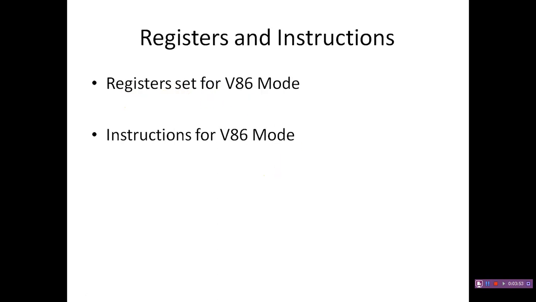Registers and instructions. The register set available in V86 mode, that is virtual 8086 mode, includes all the registers that are defined by 8086 plus the new registers that are introduced by 80386, such as FS, GS, the segment registers, debug registers, control registers, and test registers.